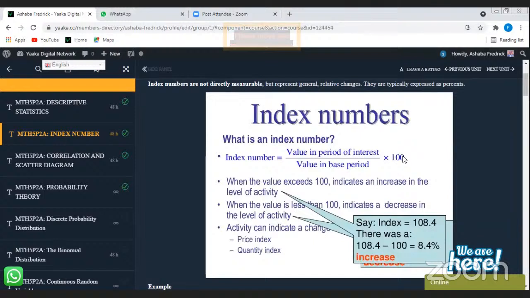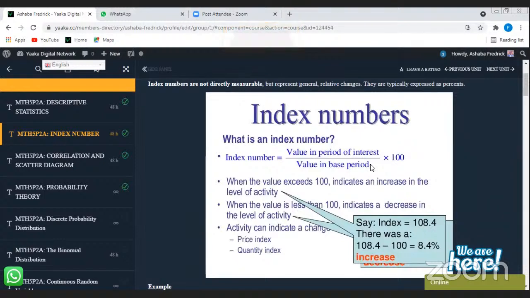In these index numbers, we look at the base year and the current year, or what they have said, the period of interest over the base period. And the base period, we consider to be a period when prices are relatively stable, and these index numbers mostly deal with prices. So we shall, in most cases, use the word price.